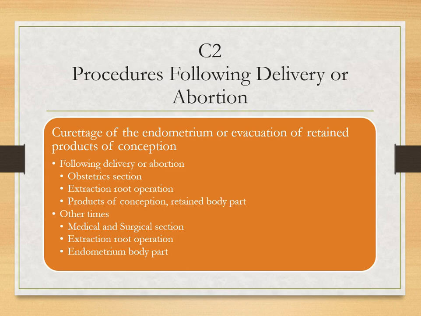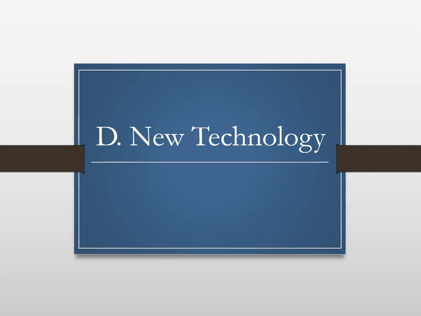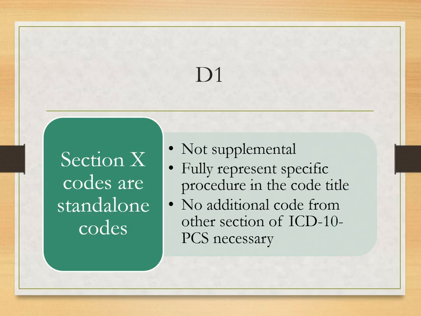Other times, when there is a diagnostic or therapeutic dilation and curettage, other than the postpartum or post-abortion period, it is coded to the medical and surgical section to the root operation of extraction and the body part of endometrium.